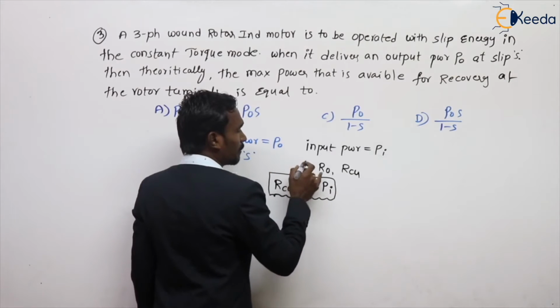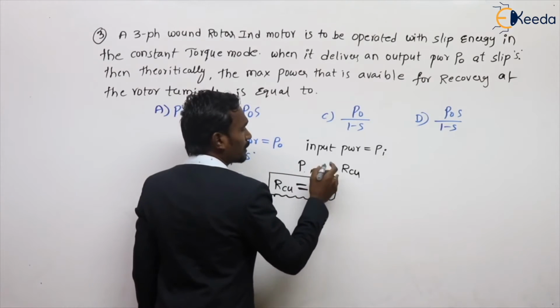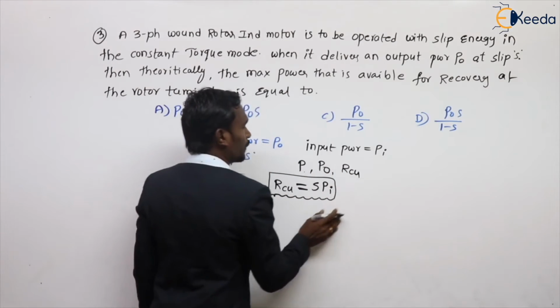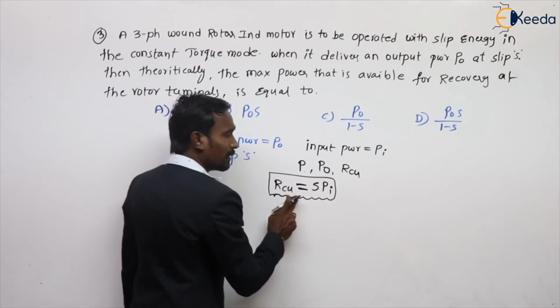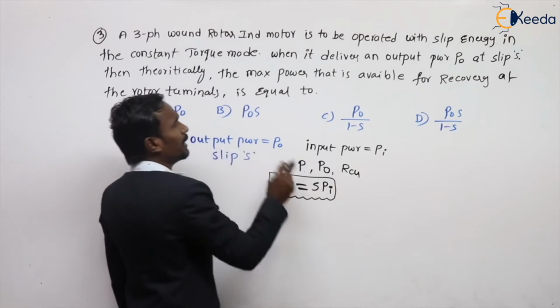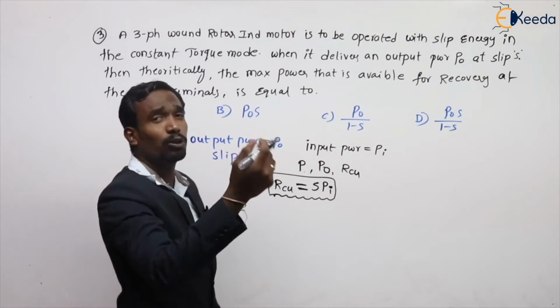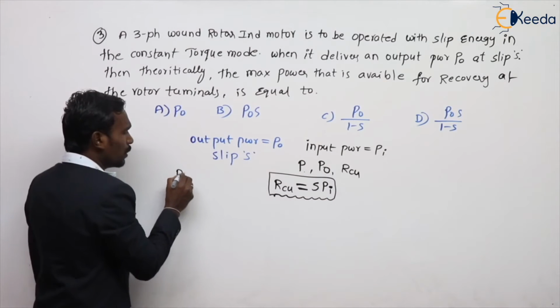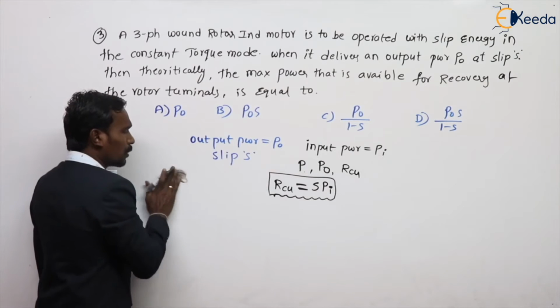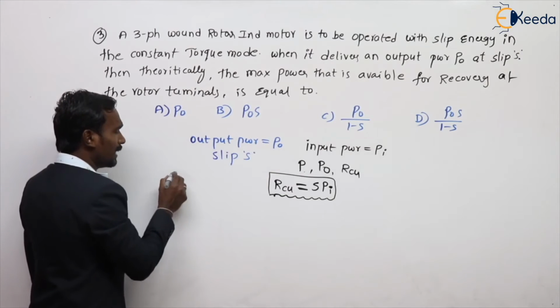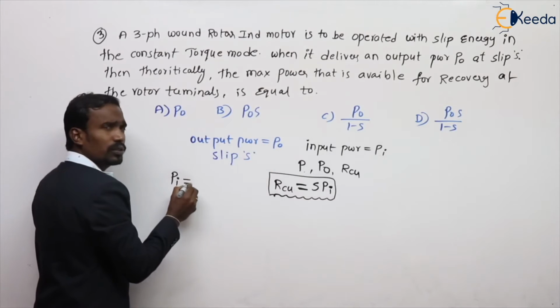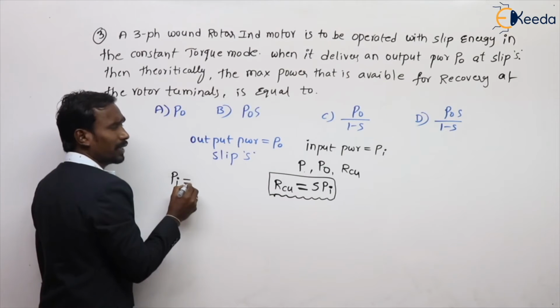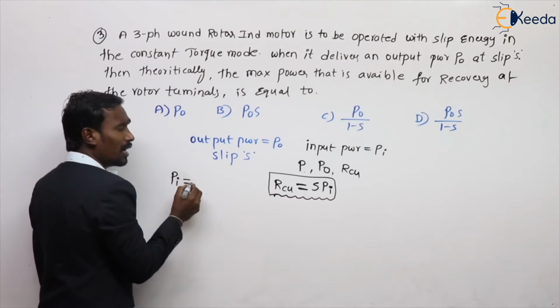Rotor output is nothing but P naught, and rotor copper losses. This is the recovery power, S times Pi, but the answer should be in terms of outputs. Rotor input Pi is equal to, what is the formula?